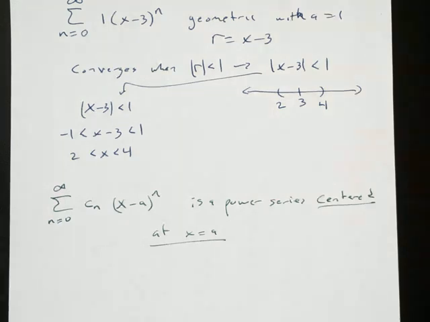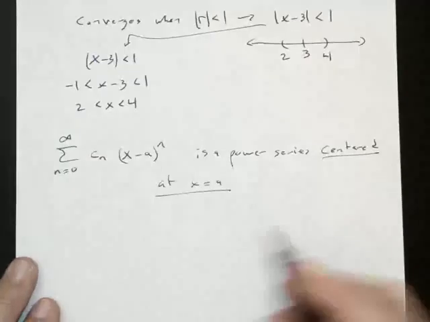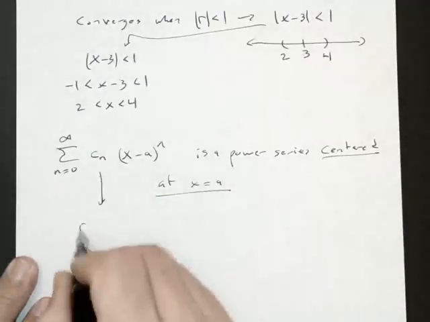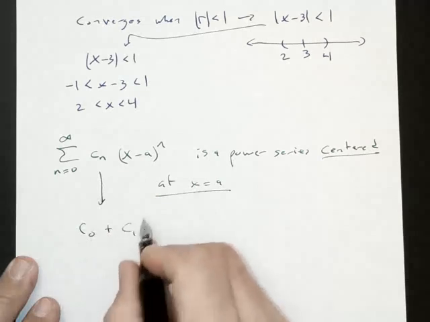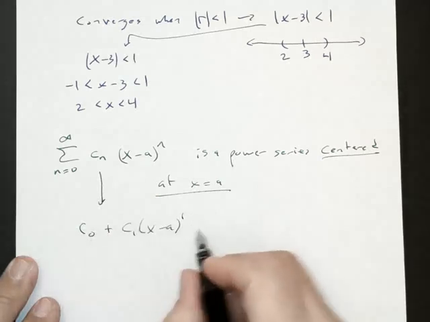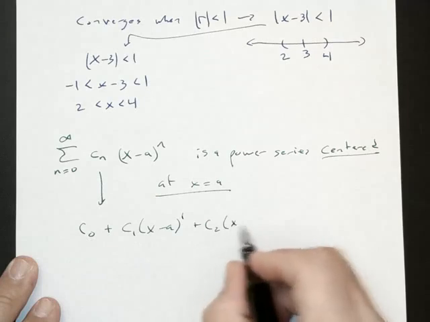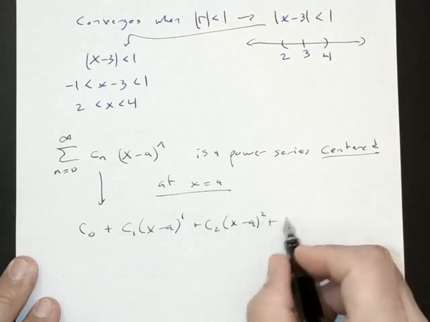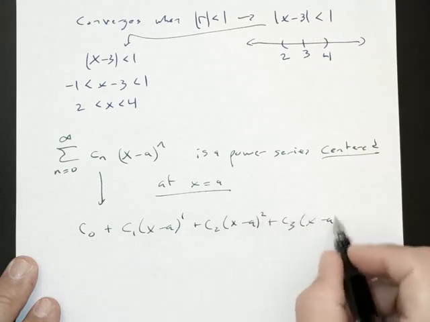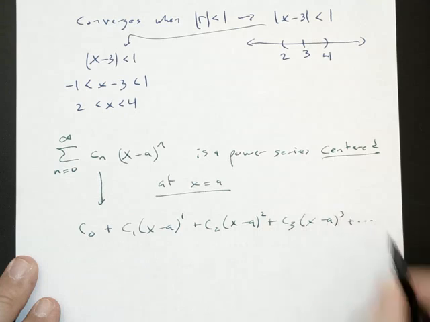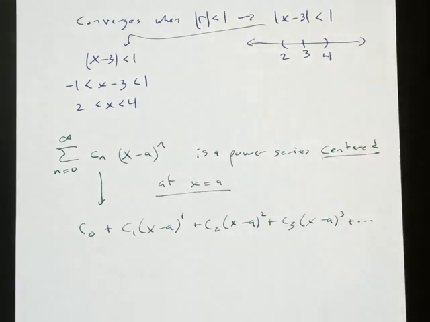And really, if I were to write this power series out, I would get C0 and then C1 times x minus a to the first, and then C2 times x minus a squared, and C3 times x minus a cubed, and so on.